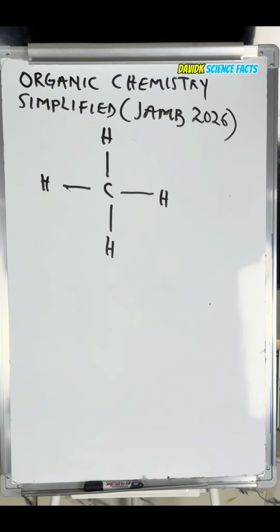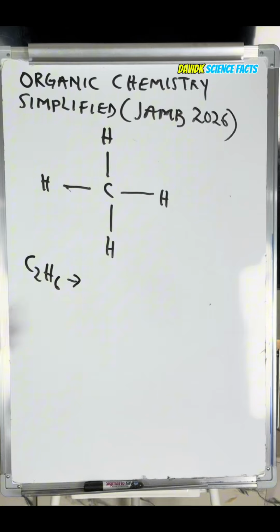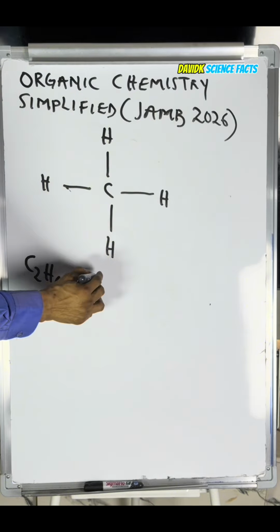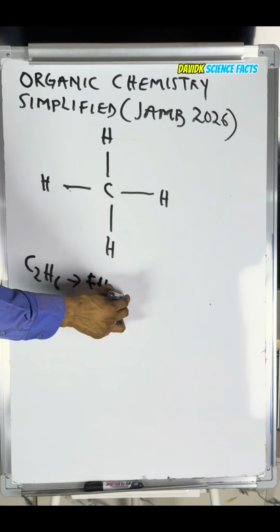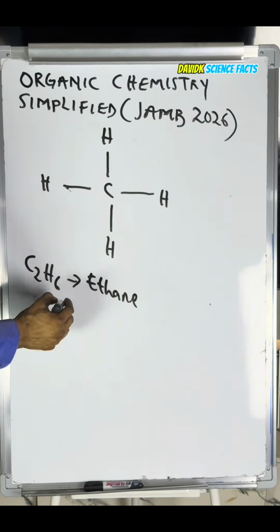Second example is C2H6. What is C2H6? C2H6 is called ethane. It is also an alkane with only single bonds. The structure is this.